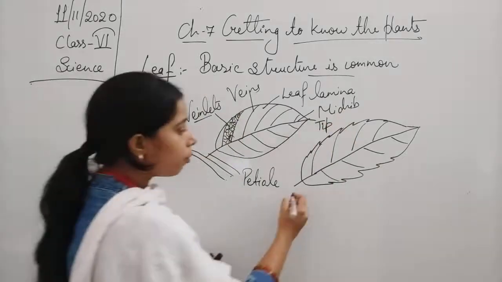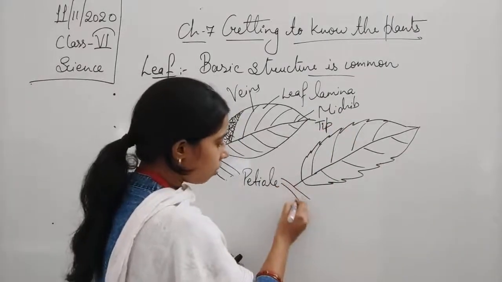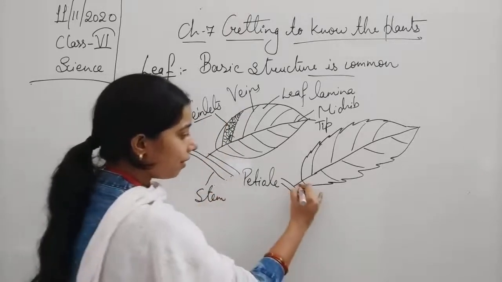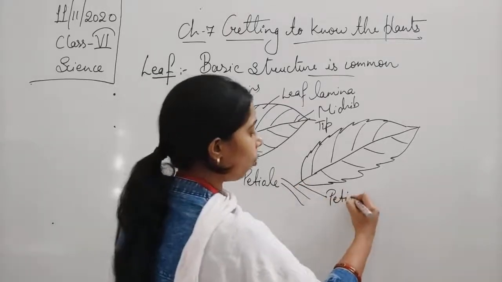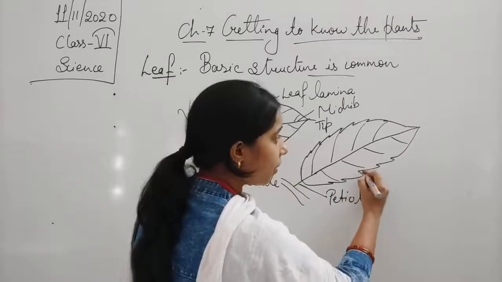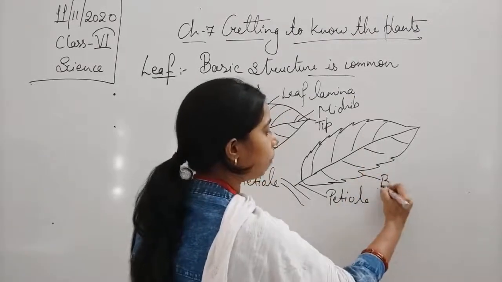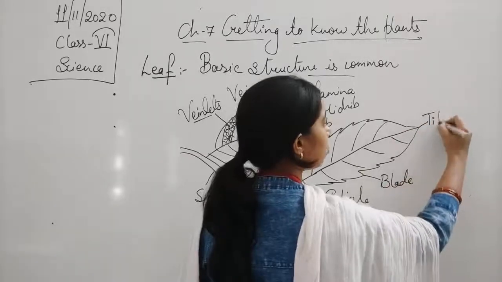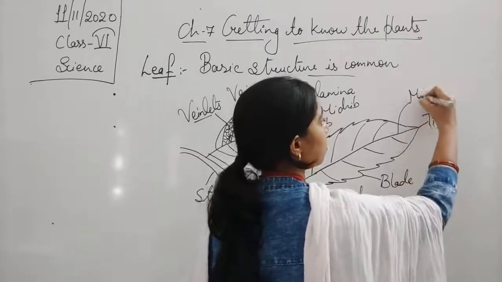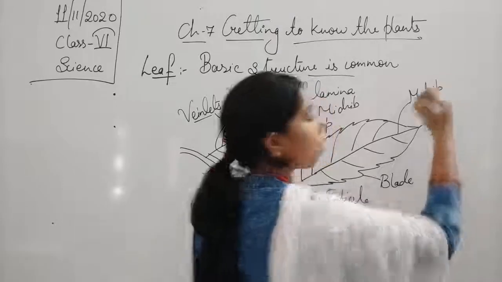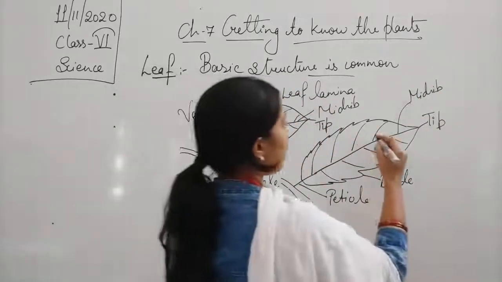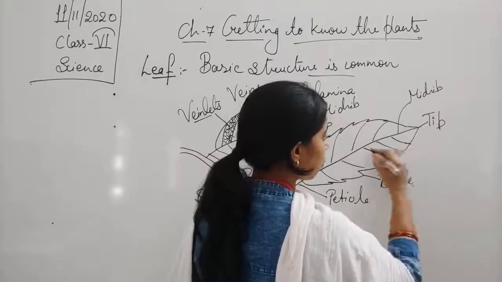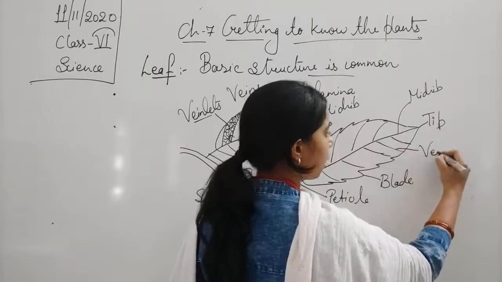This is the tip, students. And the same thing you will see here also. If this is the stem of the plant, then this one is known as the petiole. Since it has this structure, we can say blades are also present in it. This is the tip, students. In between, this is the midrib. Then these structures which come outward from the midrib are known as veins.